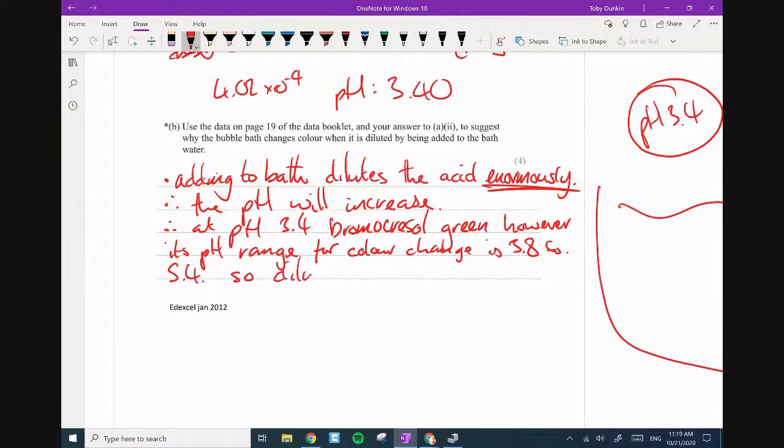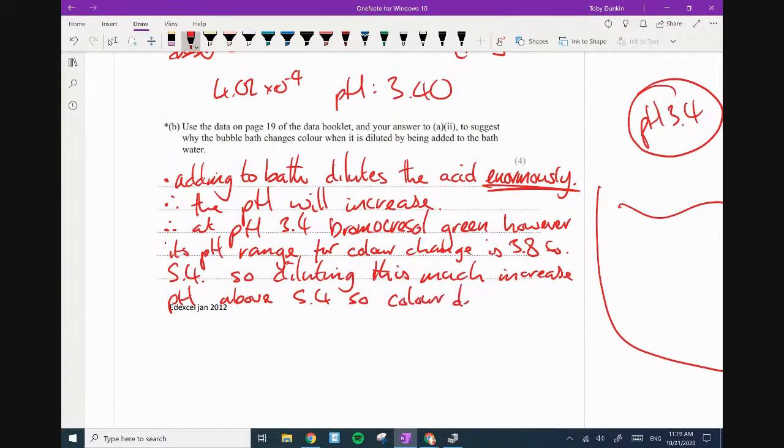So diluting this much increases pH above 5.4, so color definitely changes. Definitely changes to blue.